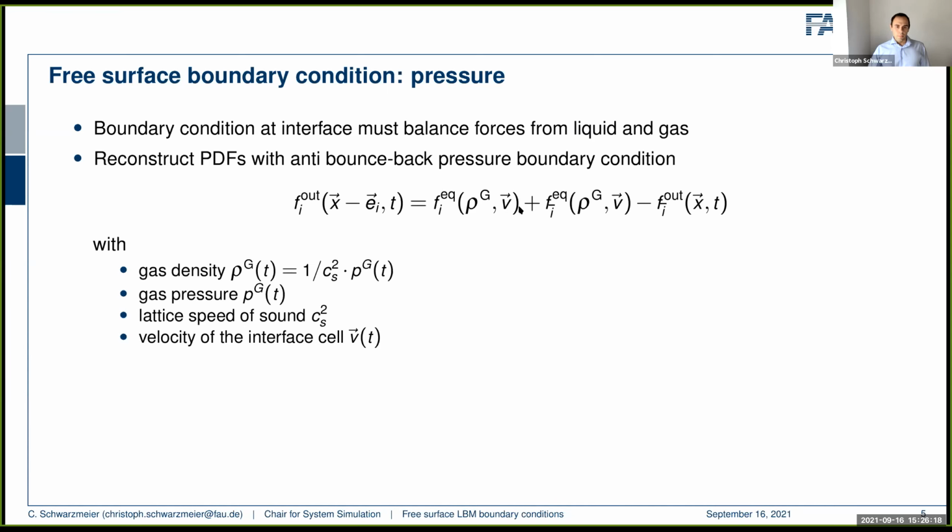Just for the sake of completeness, I'm following the notation that is used in the original paper. So f_i^out means the PDF after LBM collision, and those e_i are the discrete lattice velocity vectors. And whenever you see a dash, this is actually the inverse particle distribution function.